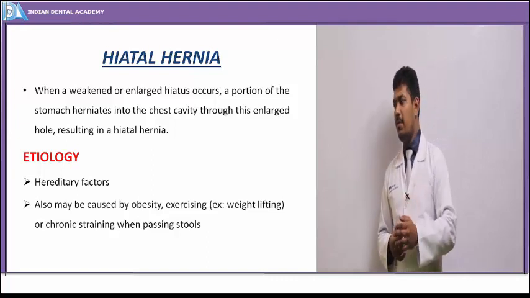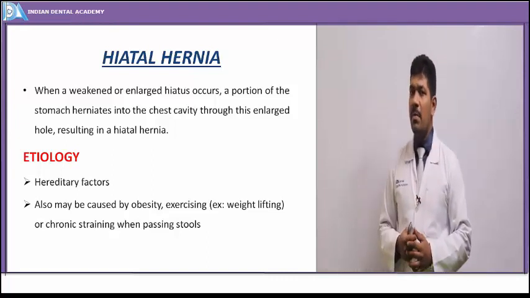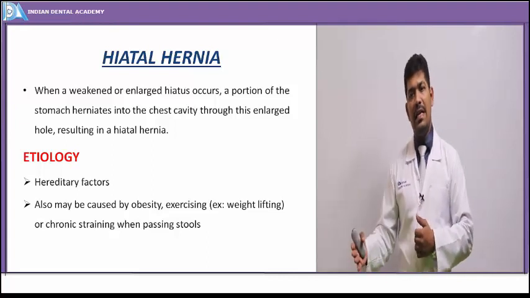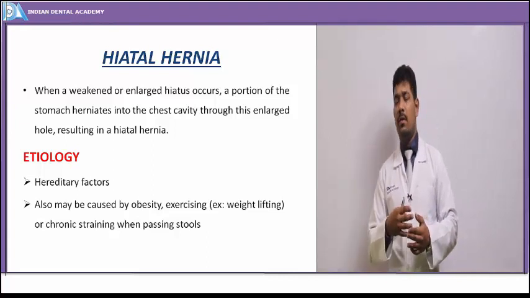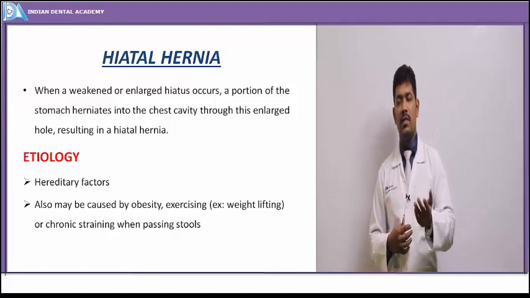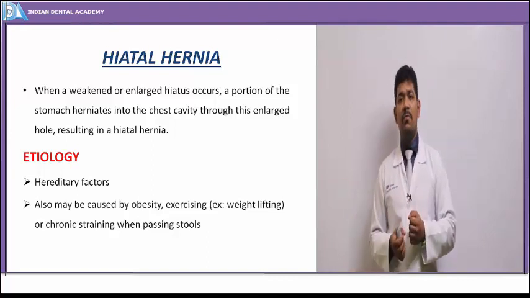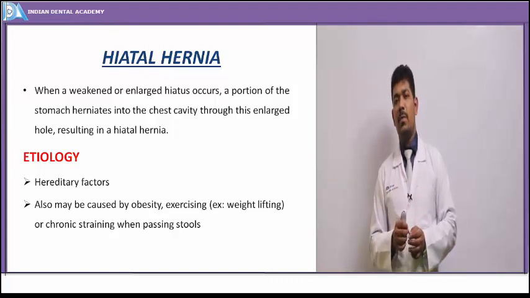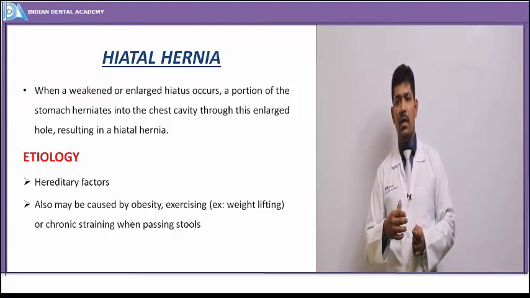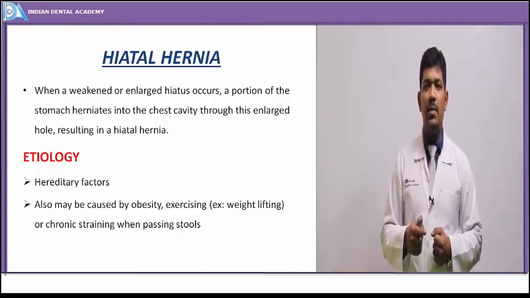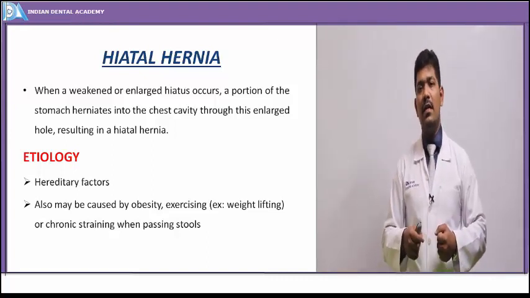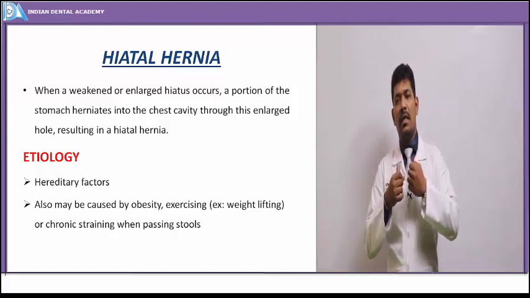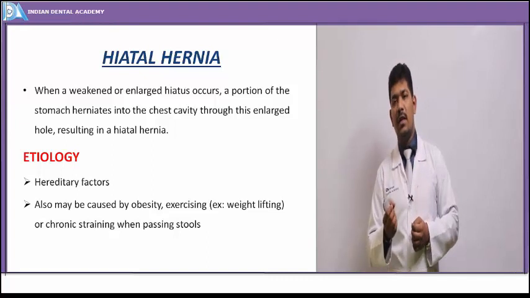It runs through the family, and also may be because of general daily activities we undergo, such as exercising or weightlifting, wherein there is a creation of pressure in the lower abdominal region which forces the contents within the abdominal region to push up into the upper regions. That produces or weakens this particular hiatus.